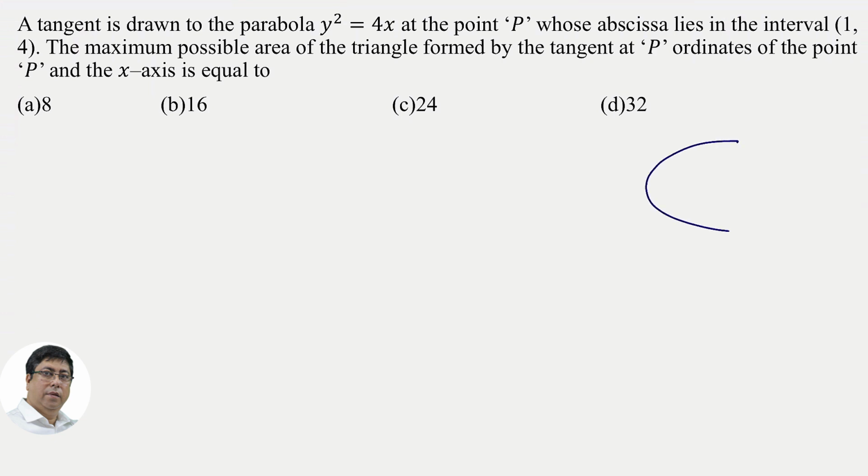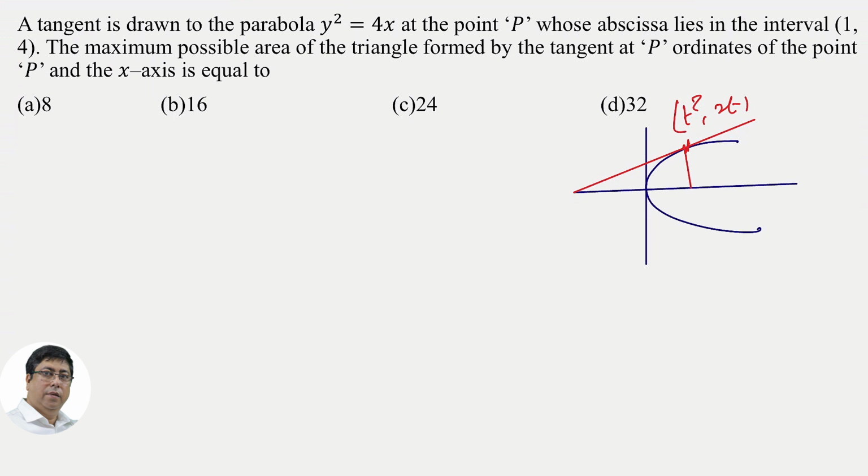So let's draw y square equal to 4x. Now let's see one thing. Suppose let us consider one tangent. At square to 2at, in this case a equal to 1, therefore (t square, 2t).